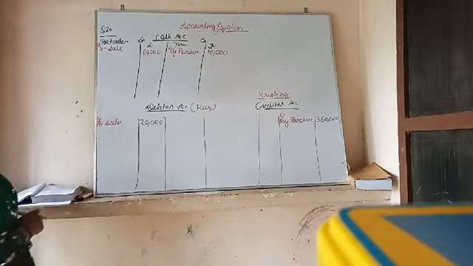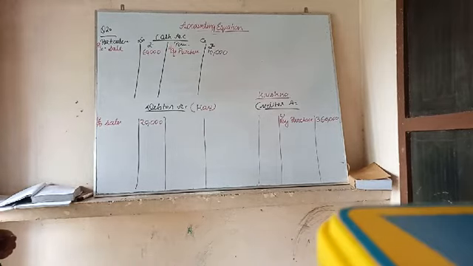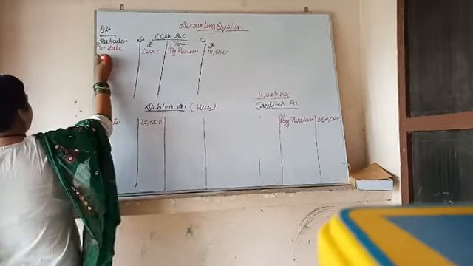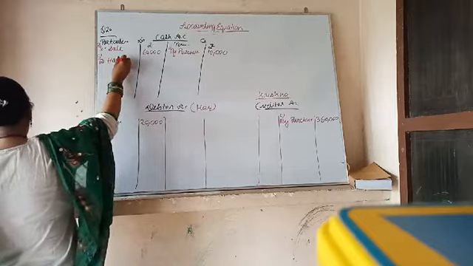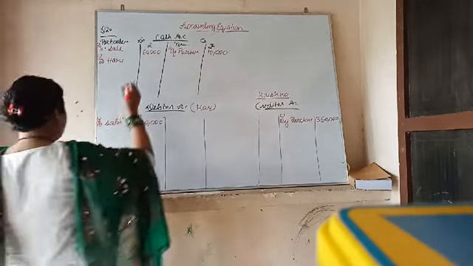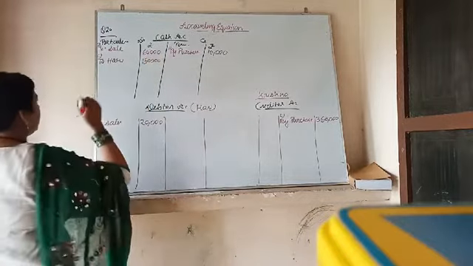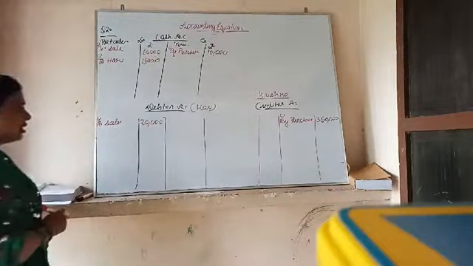Next transaction is cash received from Hari, 15,000. We have received cash from Hari, and Hari is the giver.